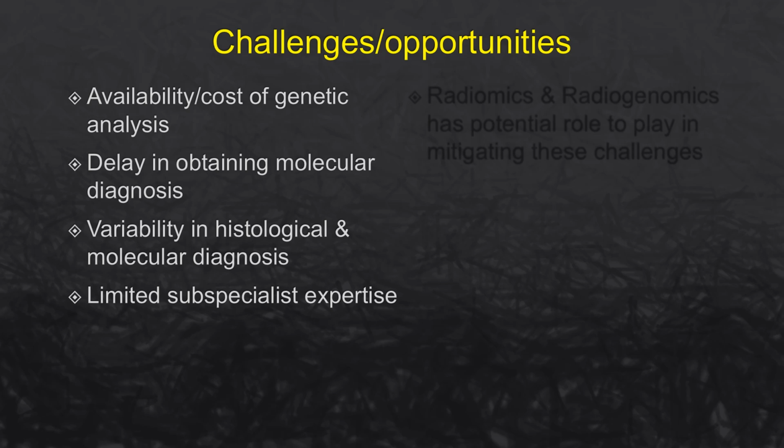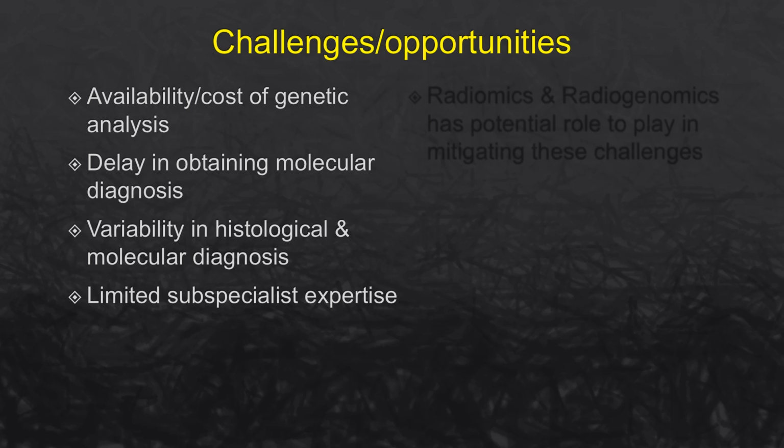Challenges that have been posed to the WHO classification are that it is costly to get genetic analysis done. There's always some delay in getting molecular diagnosis confirmed, especially in some parts of the world where it's hard to access this kind of genetic analysis. And there's also variability in histological and molecular diagnosis.